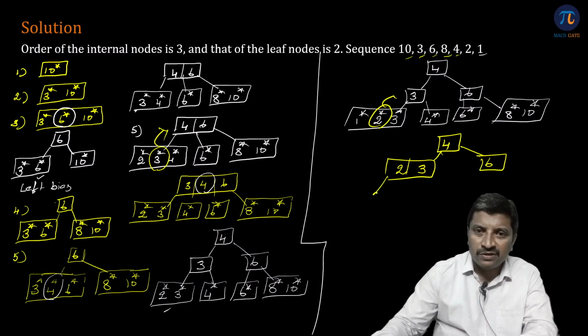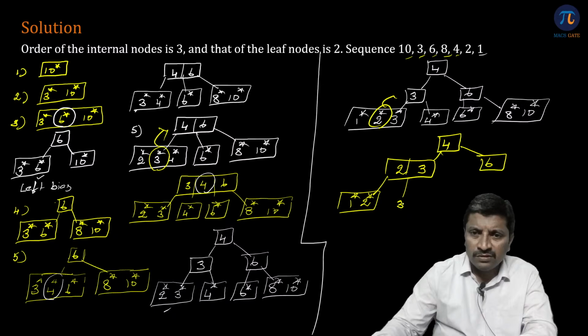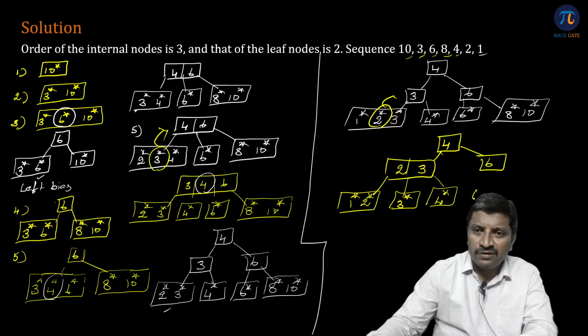Then 6. When coming to the left, it will be 1*, 2*. This is 3*. This is 4*. When coming to here, it is 6*. The last one is 8*, 10*.